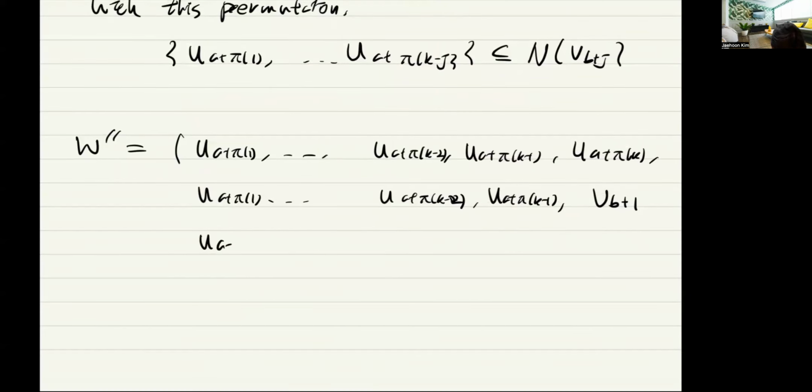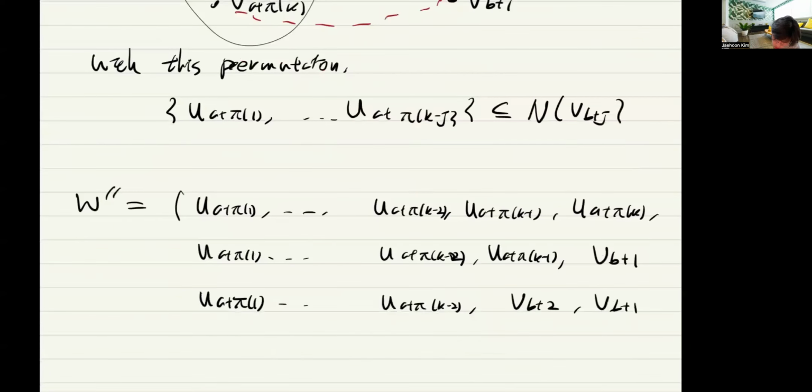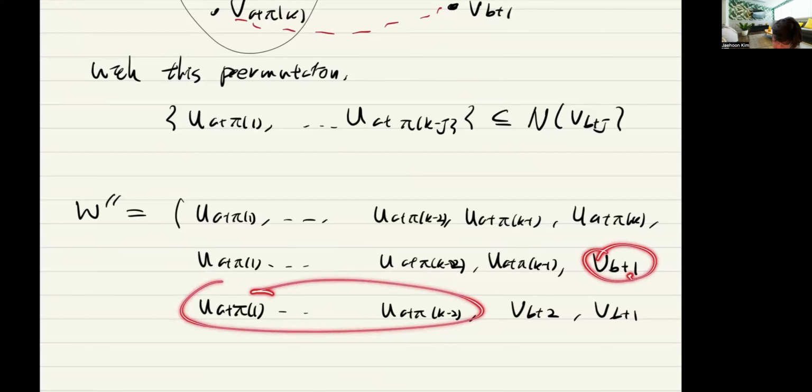And now again, you repeat this, but now you replace one more, V_{B+2}, here. So this is again a clique walk. Why? So this one is a clique. This one is adjacent to this one as well as this one. By our choice, it's adjacent to all these k minus 2 things as well as the one before.